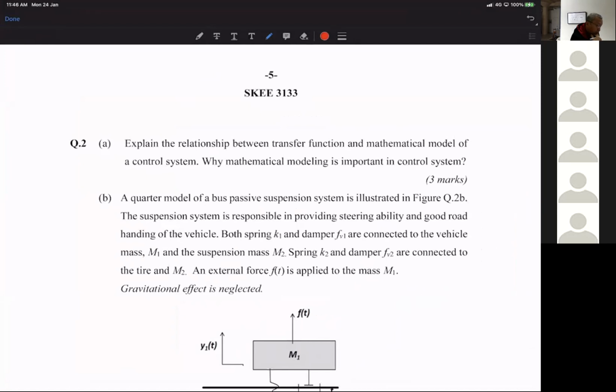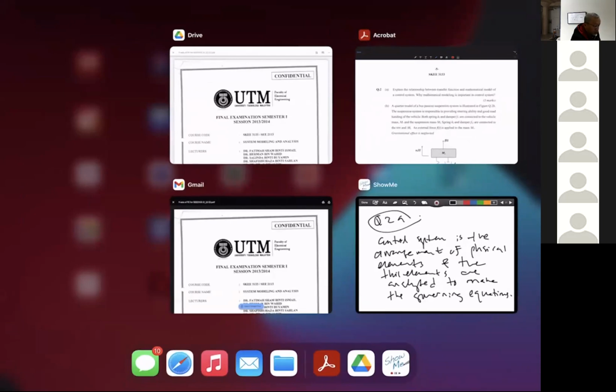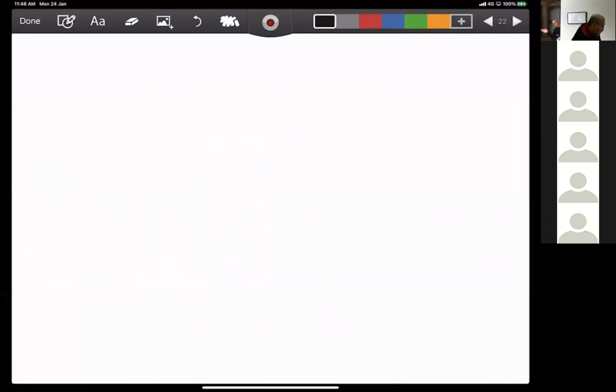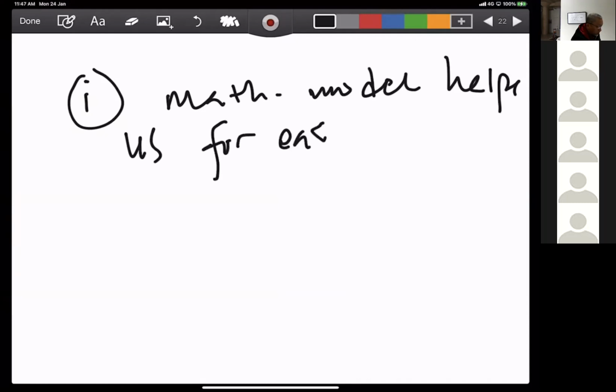Why mathematical modeling is important in control system. So I think everybody knows about it, but to make it easy, mathematical model helps us for easy analysis of control system.